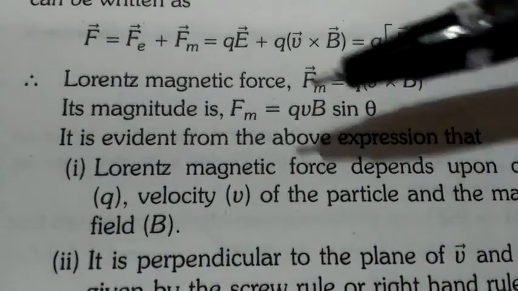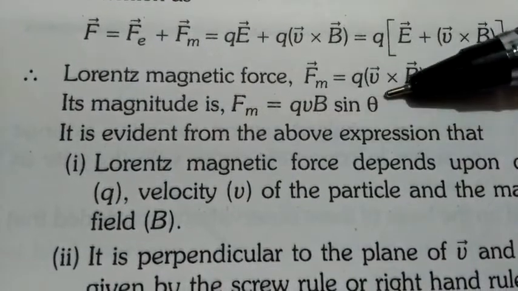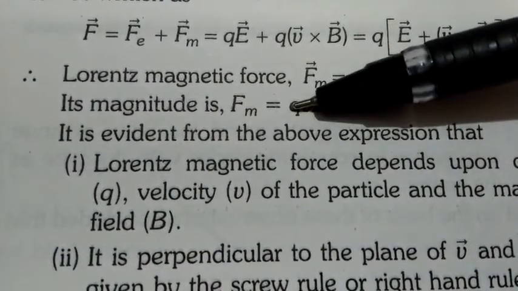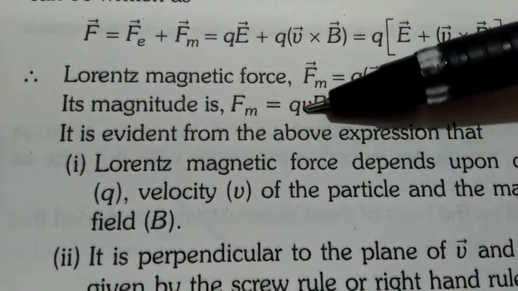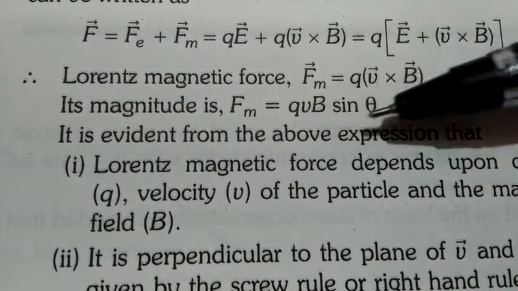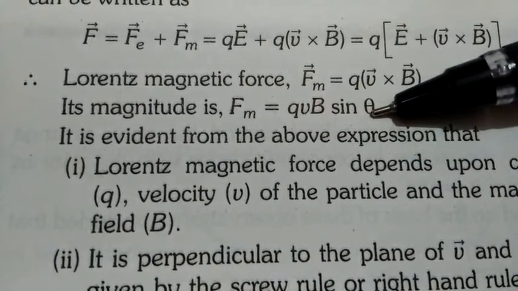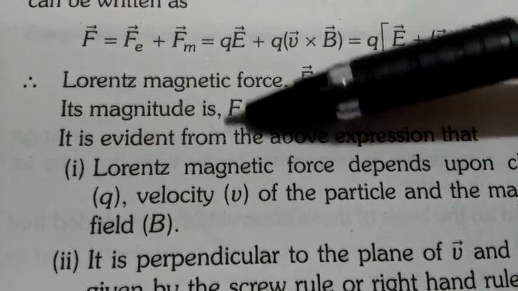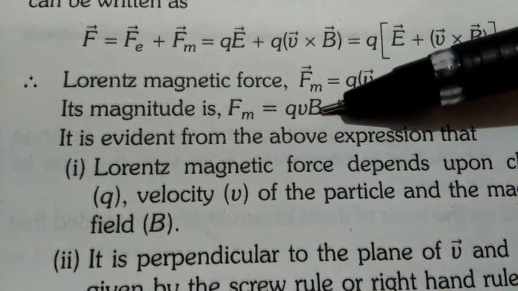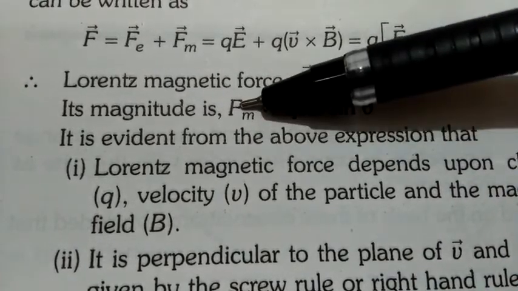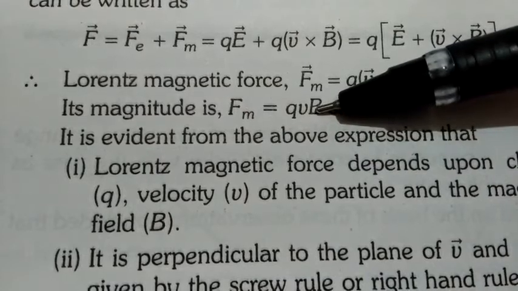Now if in this equation we put Q equals 1 coulomb, V equals 1 meter per second, and theta equals 90 degrees, then Fm will be equal to B. Here this force will be equal to the magnetic field.